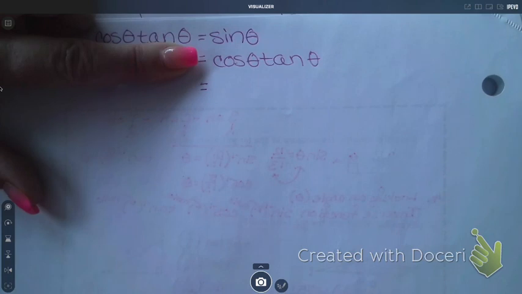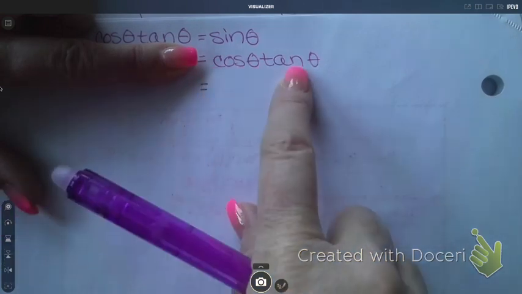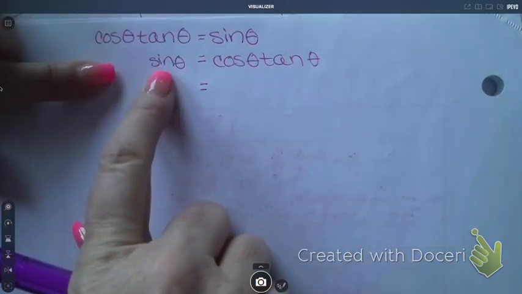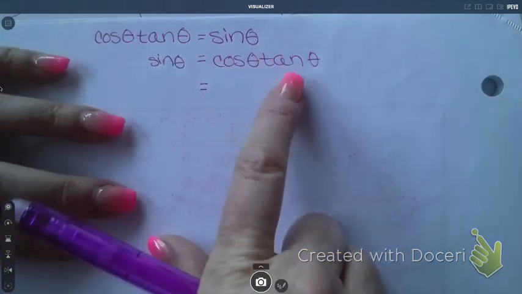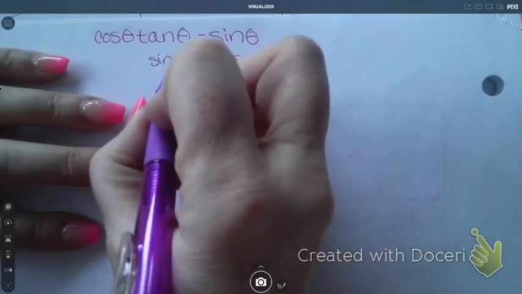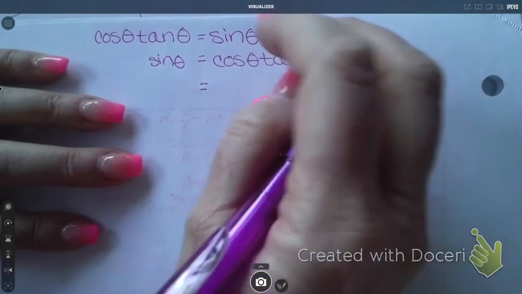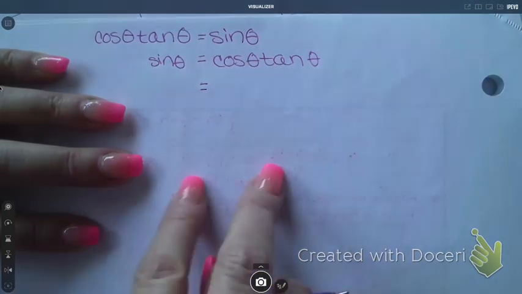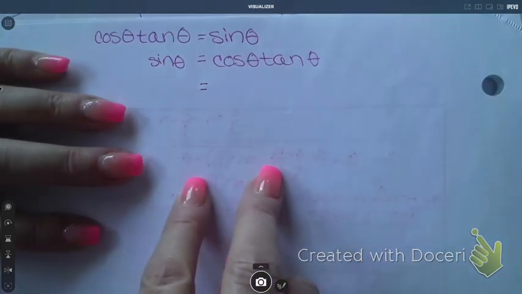You manipulated those things. But it's telling you you're going to get it down to what? Sine. So what do you want to do with cosine and tangent? Tangent, sine over cosine. So, you notice the first thing I did is I wrote my thetas. You will also notice that I don't write my thetas in my work, but then I write them in my final answer, unless I need my thetas.